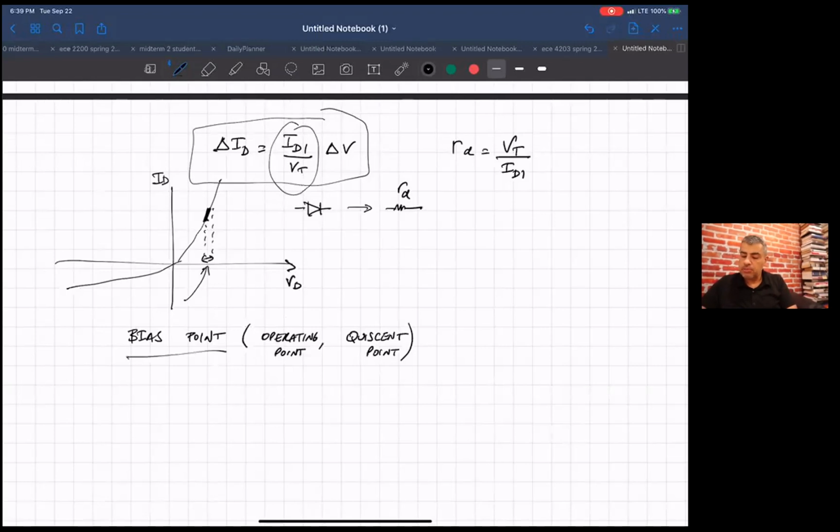So you have a bias point, and then a small signal around that bias point. And this resistance for a diode, you call the small signal resistance, or incremental resistance.